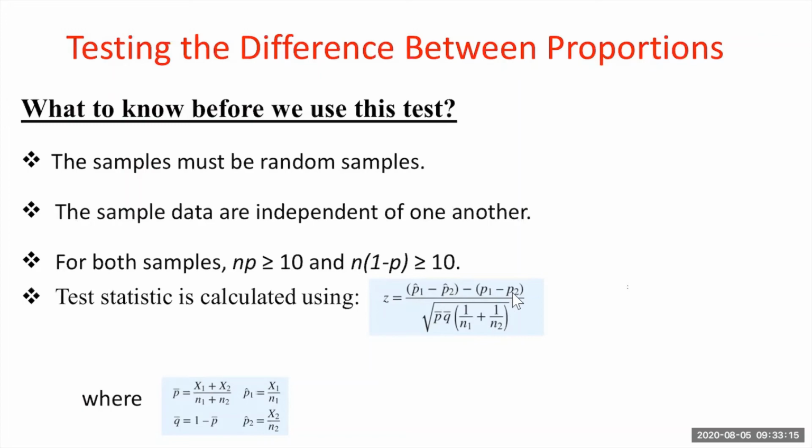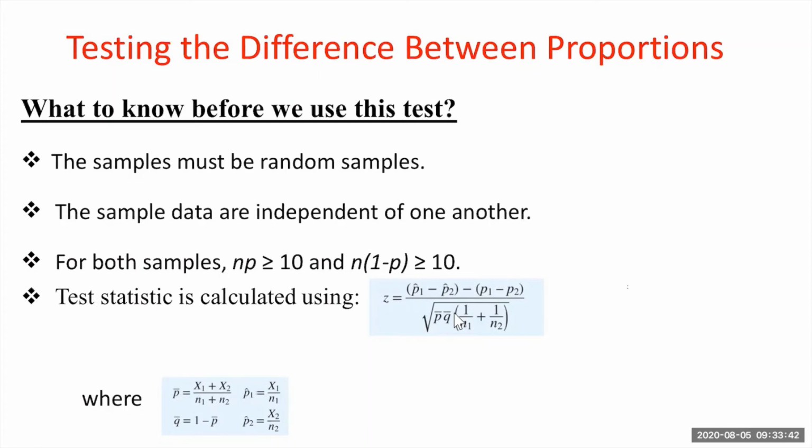And these are the population proportions. N1 and N2 are the size. And here you'll see P bar and Q bar. P bar is given by this formula here. And then Q bar is 1 minus P bar. But instead of using this formula, I'll be using TI-84 calculator to get this test statistic. Let's see whether that will be easy or not.